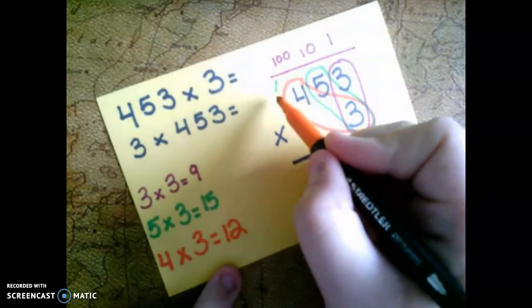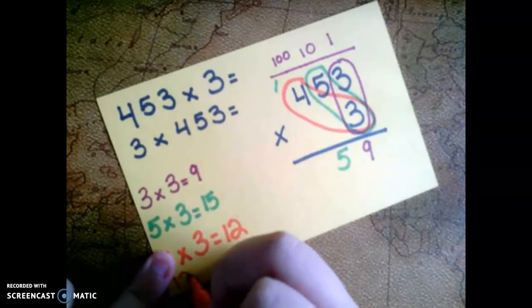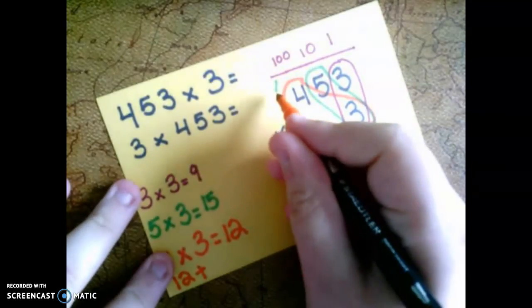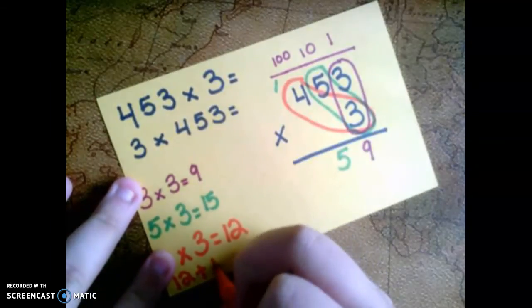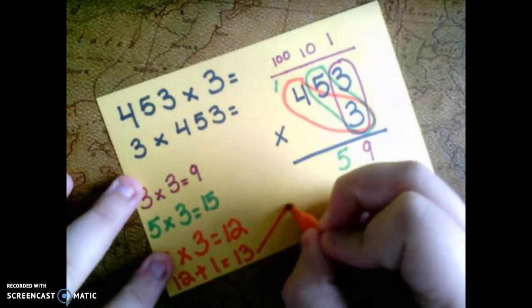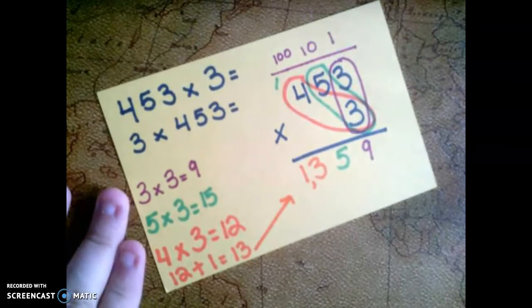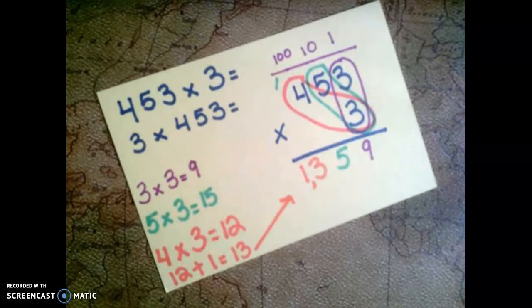But we also know that we have a 1 over here. So we're going to take that 12 and add that 1, which equals 13. And that number can go over here. So the answer to our question is 1,359.